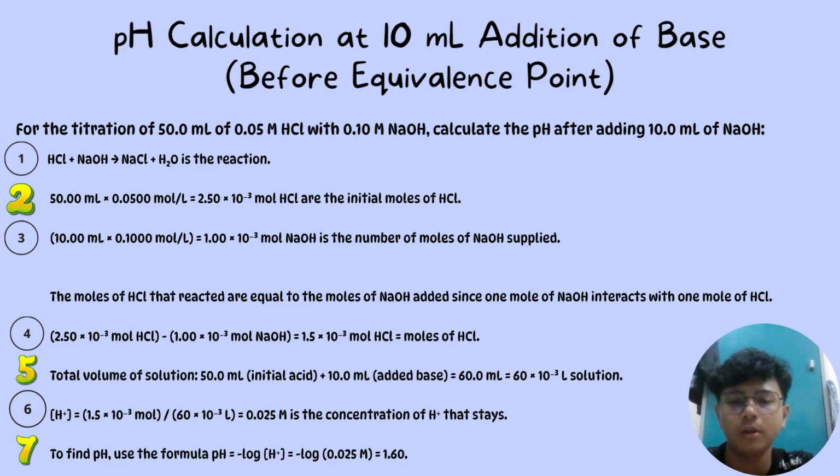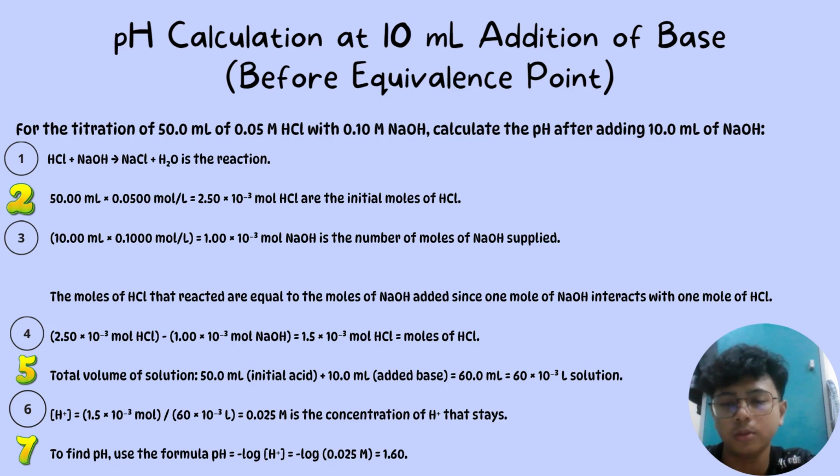Step 3 is to find the number of moles of sodium hydroxide supplied. 10 ml multiplied by 0.1000 mole per liter equals 1.00 × 10^-3 mole sodium hydroxide. The moles of hydrochloric acid that react are equal to the moles of sodium hydroxide added, since 1 mole of sodium hydroxide interacts with 1 mole of hydrochloric acid.